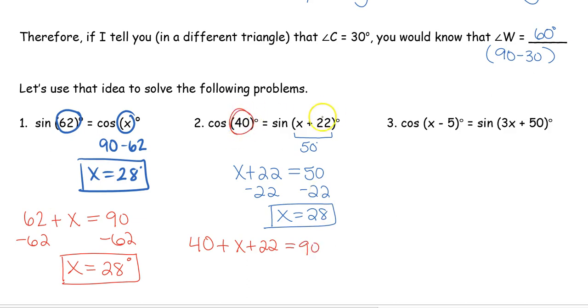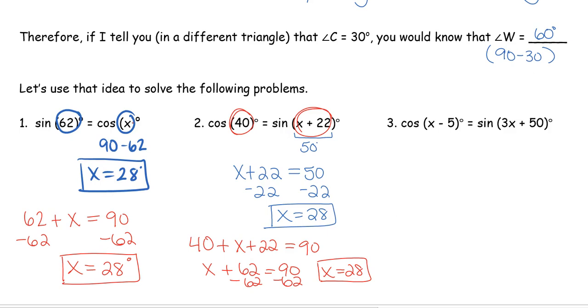I know that this and this have to be complementary, so added together they have to equal 90. And that gives me x plus 62 equals 90. Move our 62 over, and we find that x is going to be 28, that same exact answer. So it doesn't matter which way you set up your equation there, knowing that they equal 90, you can easily find that second missing angle.